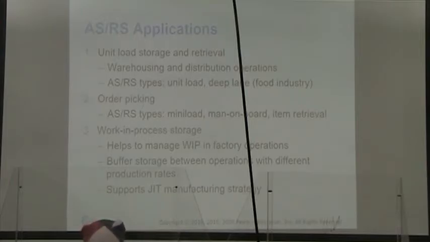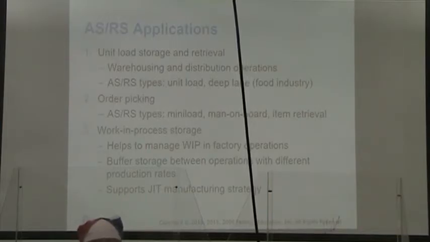And for work in process storage, we can use those to help manage the amount of WIP in our operations. Sometimes we need buffer storage between operations that have different production rates.